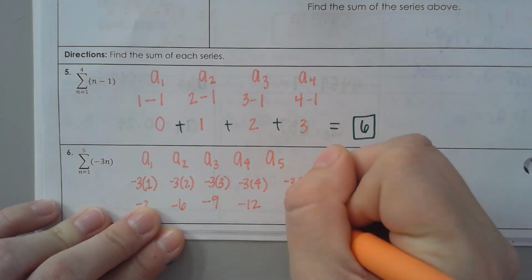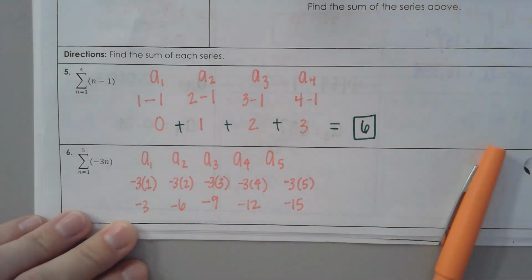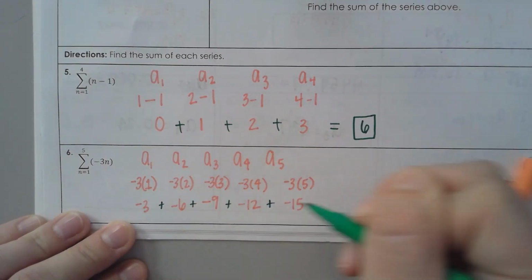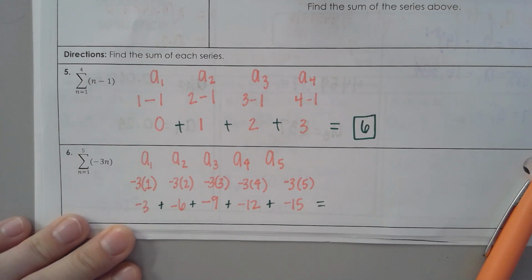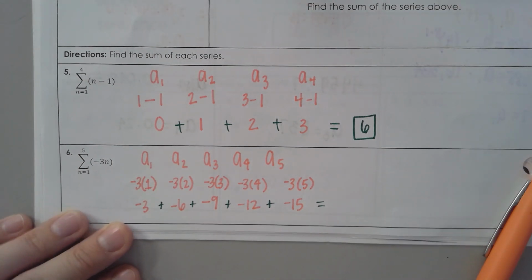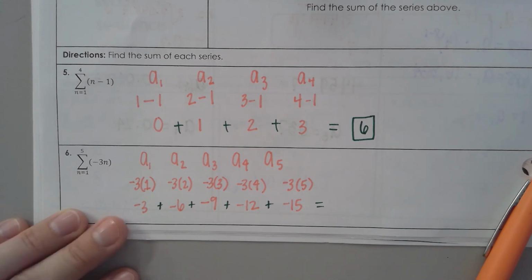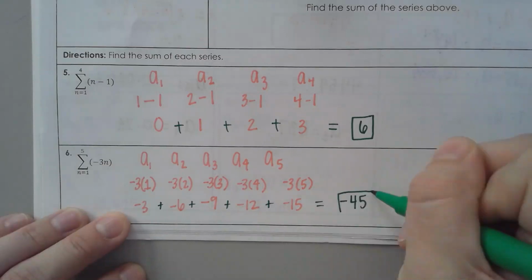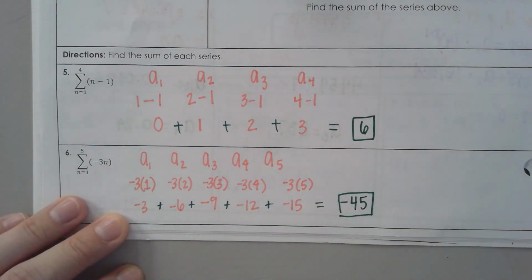And -3 times 5. And then we add them all together. Is it -45? Negative. Okay.